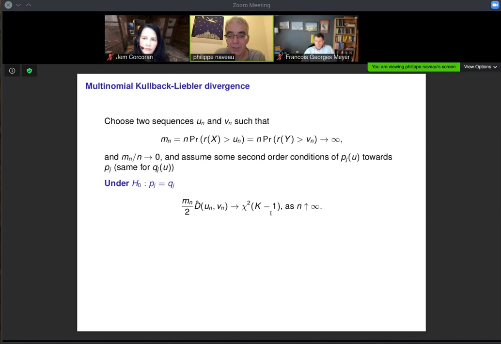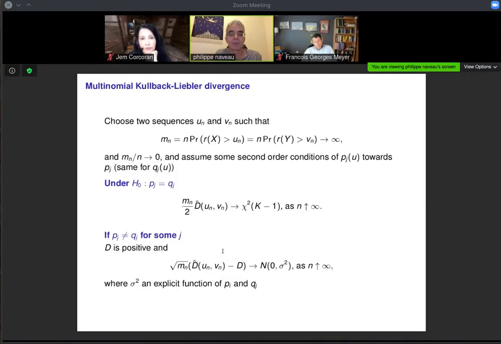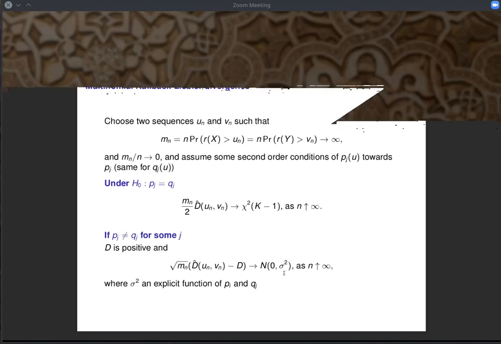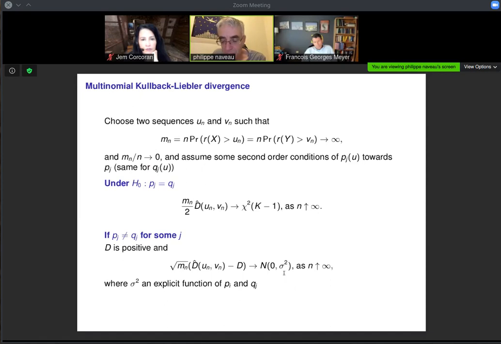For any sets satisfying my condition at the beginning, I will converge to the chi-square distribution. And if the null hypothesis is not true, then we can derive these other results. So that's good. But of course, we have a few issues I'm going to talk about now.